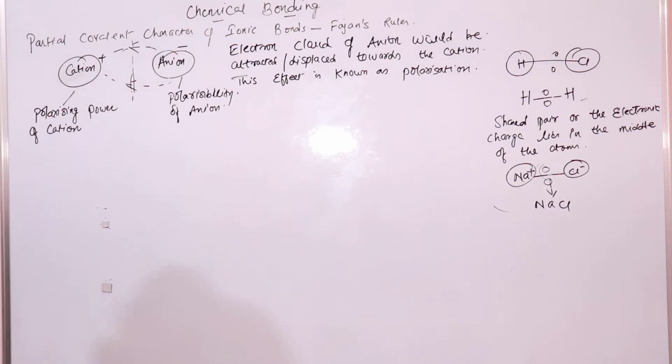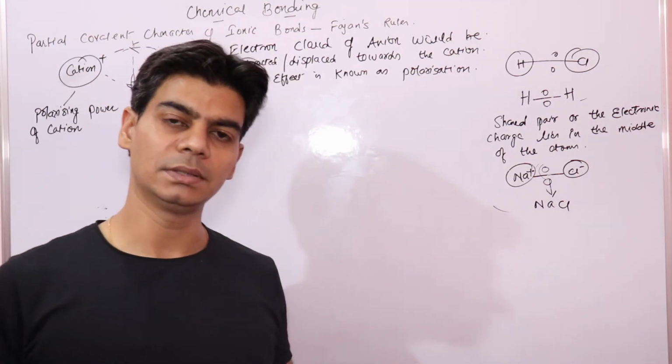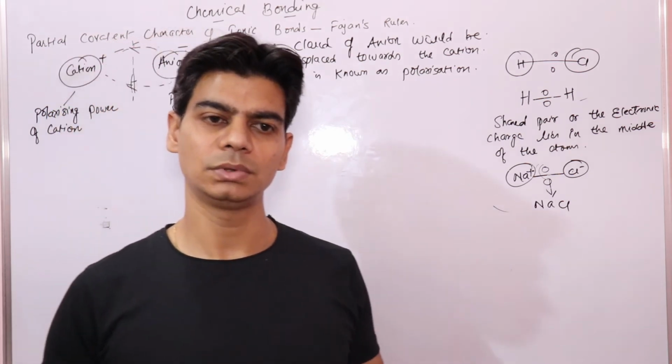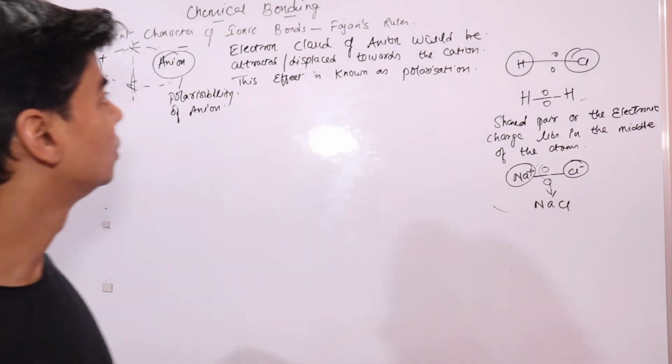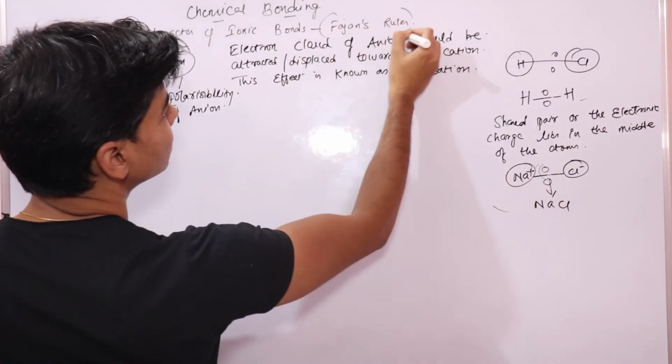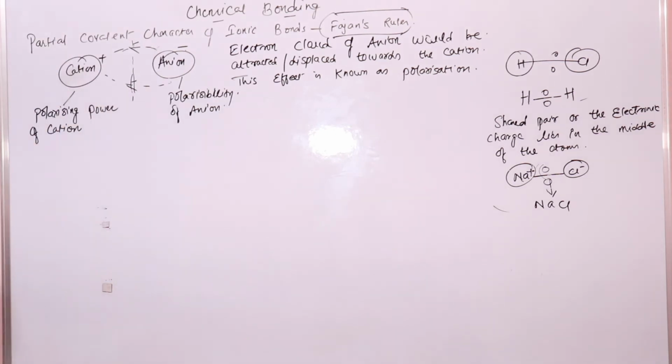Now this covalent character of ionic compounds is determined by some rules which we call Fajan's rule, right? So what are these Fajan's rules? Let's see.